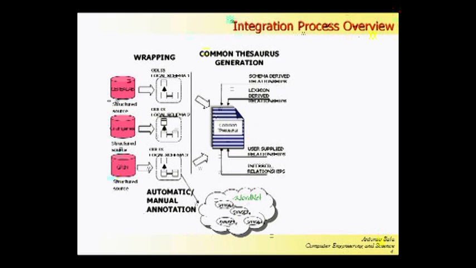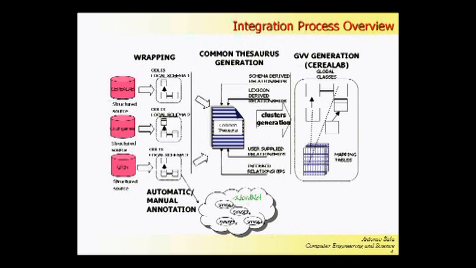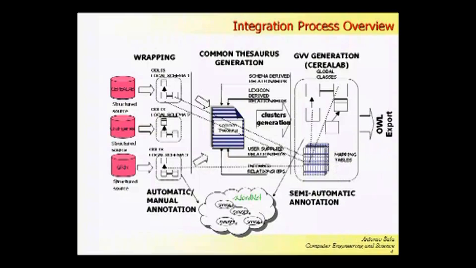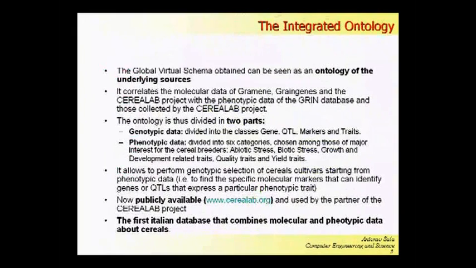Other relations are inferred or can be supplied by the user, and this common thesaurus is then used to cluster together the semantically related elements of the local sources into classes, which we call global classes. Then mapping tables are created to store the mappings between the global classes and the local classes, and the global schema obtained is then again semi-automatically annotated and can be exported in OWL for compatibility reasons.